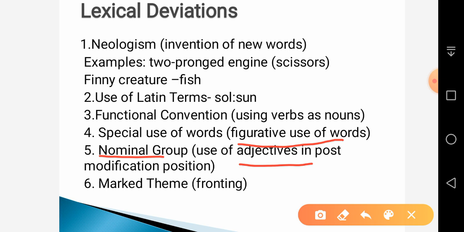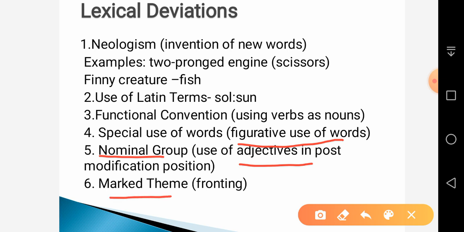This is the usual order, but they may say angels fallen, or book expensive. So this should be the order, but they may say books expensive, people concerned. So these are known as lexical deviations.